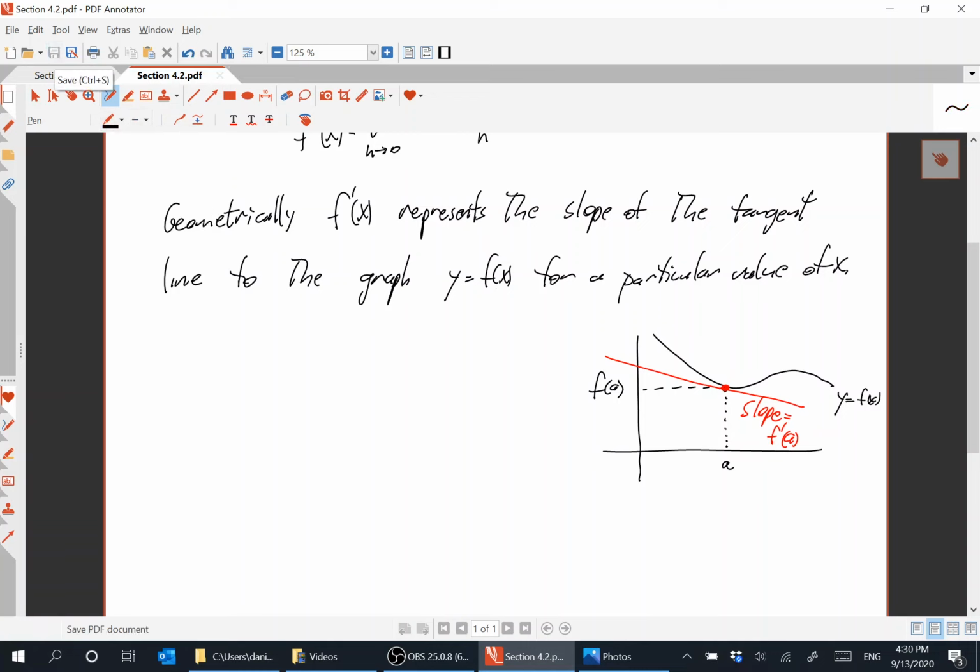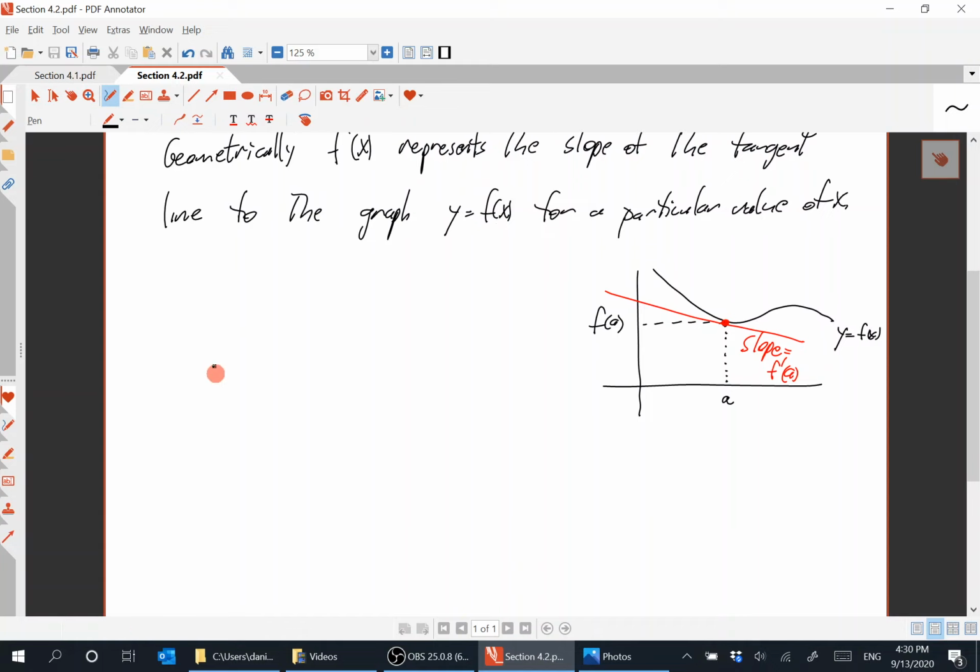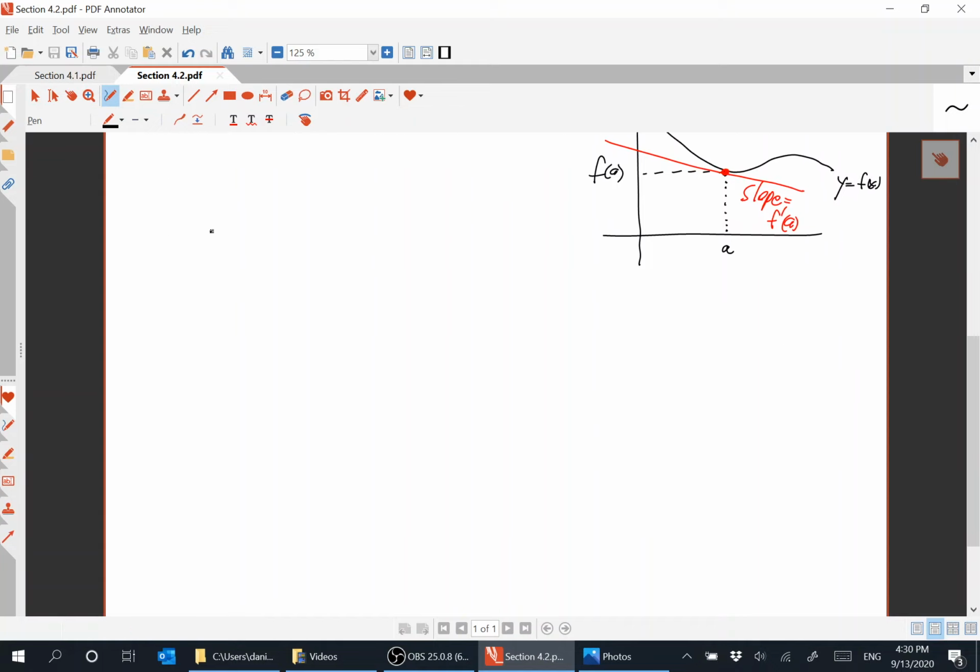Okay, can we do something like this for two variable functions and three variable functions? Now consider a two variable function, z equals f of x, y.